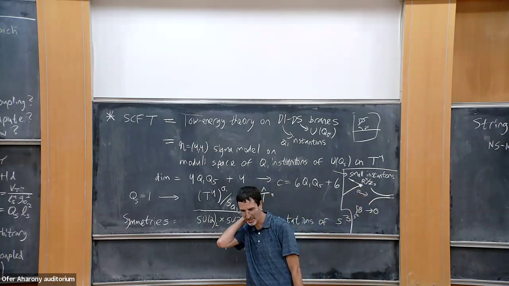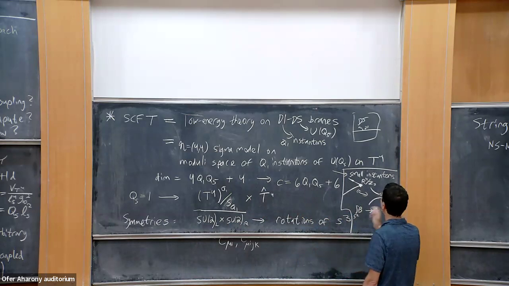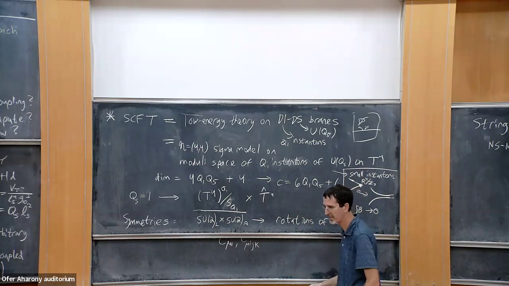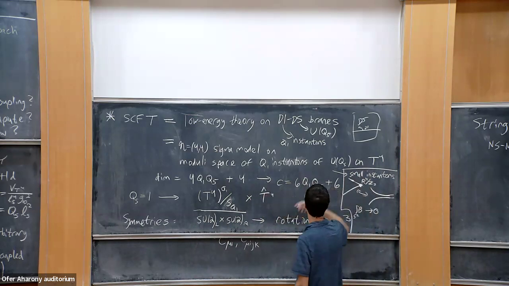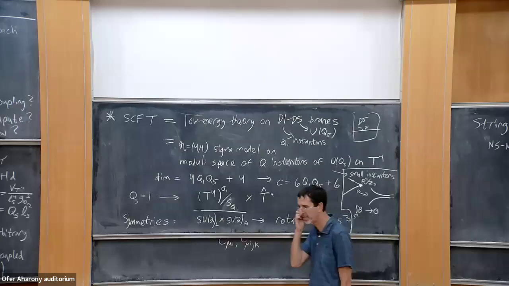I won't have time to discuss this in any detail, but one way to see that is that if we're talking about instantons on R4 and not on T4, then you also have similar small instanton singularities, and in those cases, the sigma model on the moduli space arises from the Higgs branch of some Q1 theory with Q5 hypermultiplets.